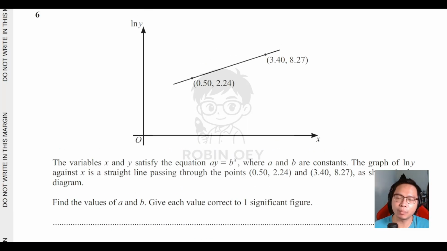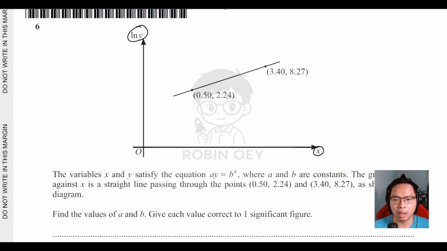Okay, before we do anything, make sure about something, which is the label of the graph. This is very important. Why? Because after we get to the part where we have the equation, we need to substitute the variables with the data or the coordinates that we have in this graph.